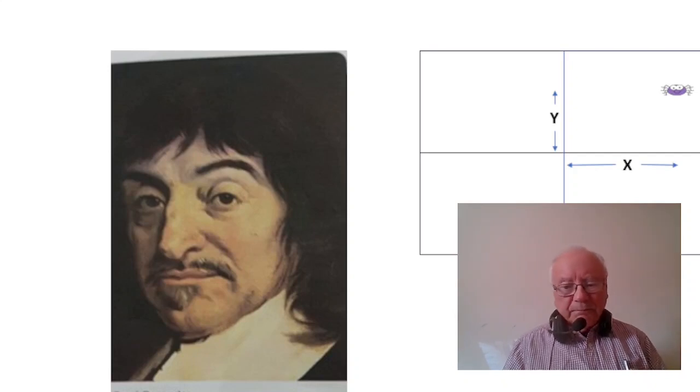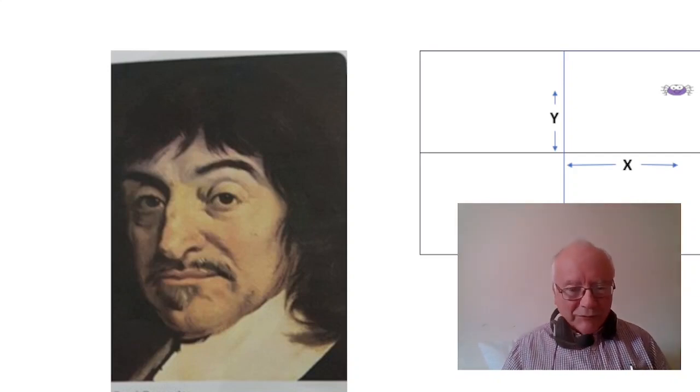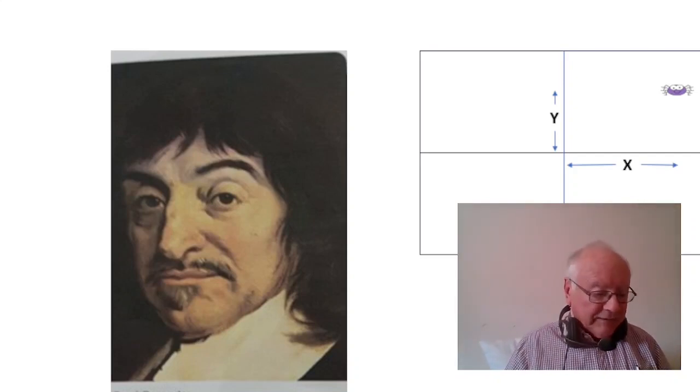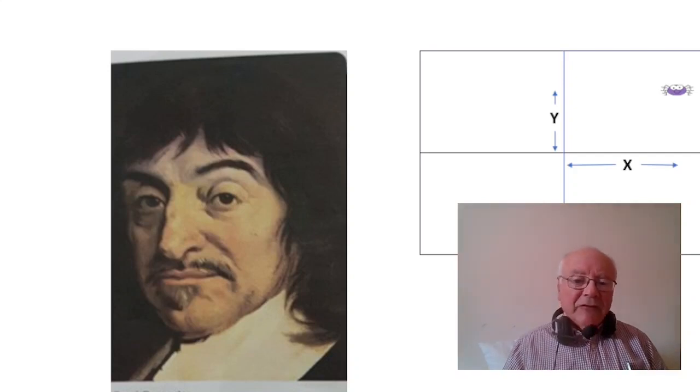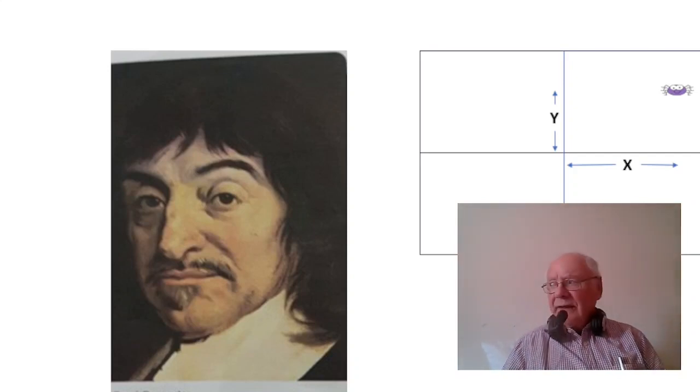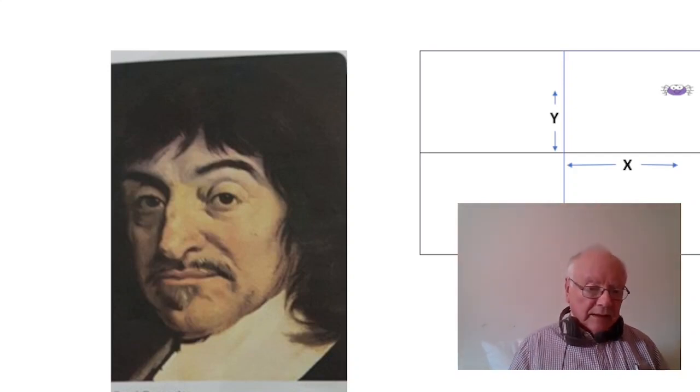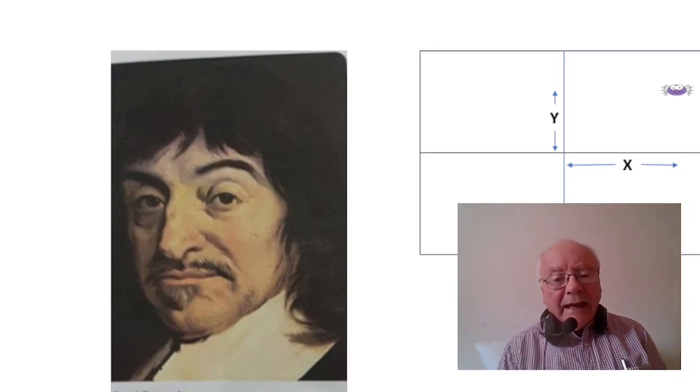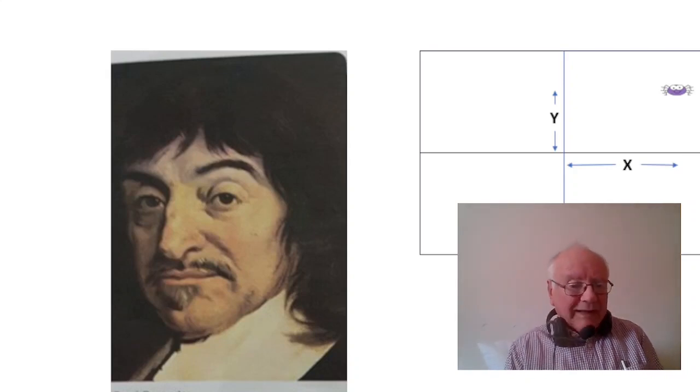He came from a reasonably wealthy family, not particularly super rich, but wealthy. He dressed very well, and he travelled around Europe, particularly in France and in Holland, and he worked for various people.